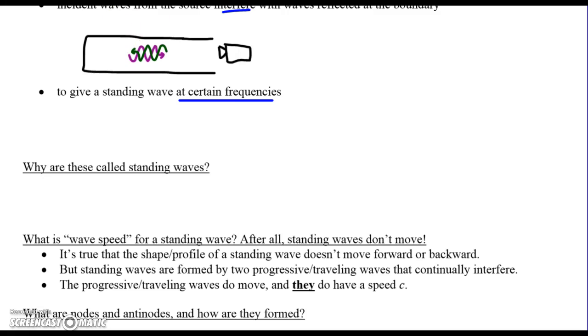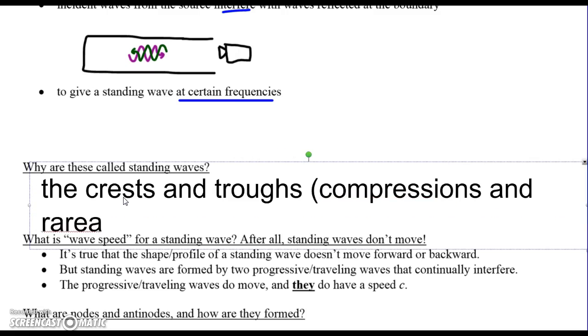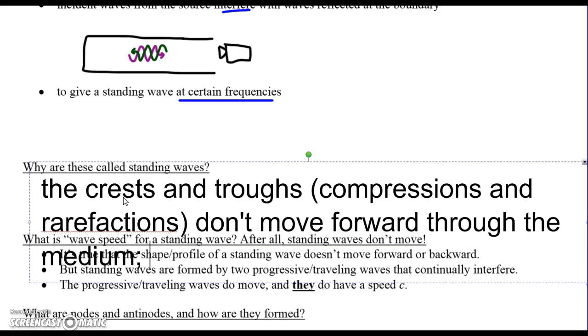Well, here's the reason. These are called standing waves because the crests and troughs, or as the case may be, compressions and rarefactions, don't move forward through the medium.